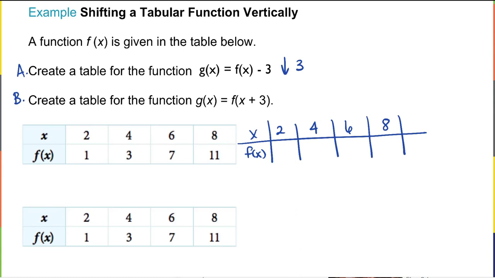So 1 minus 3 is negative 2. 3 minus 3, so I'm subtracting 3 from each of these. So 3 minus 3 is 0, 7 minus 3 is 4, and 11 minus 3 is 8. Yes, that's right, 8.